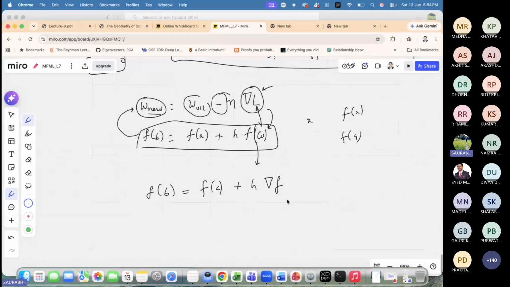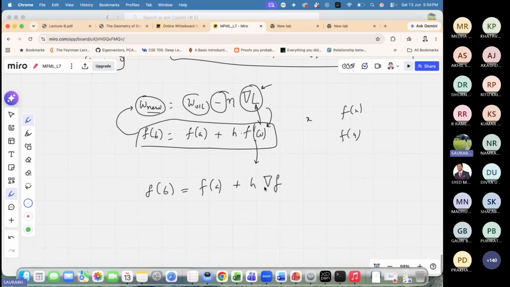This is what the Taylor series would have looked like. But if you think of it, the gradient of the function tells you the increase in the function's value. We want to do gradient descent, not ascent. Hence we take the negative of the gradient. So this entire formula is this. There is a small tweak between what the Taylor series tells you and this.